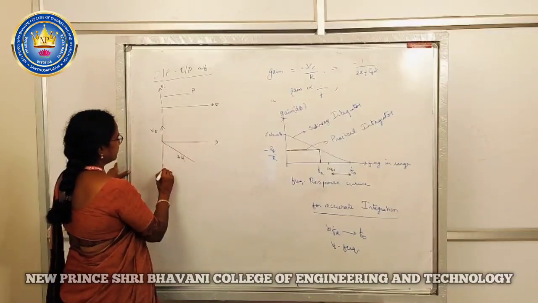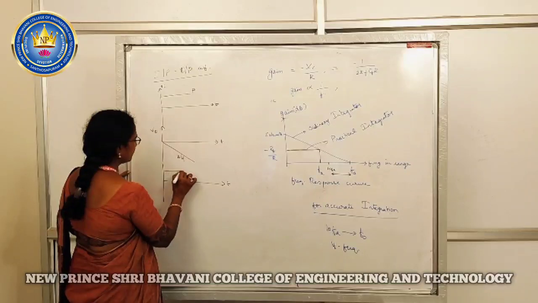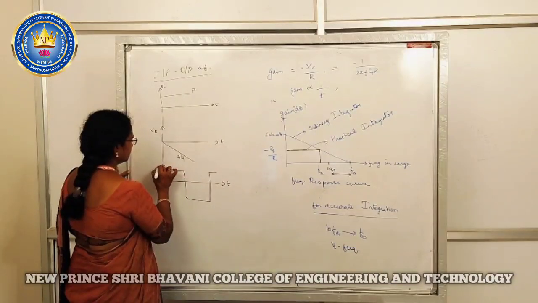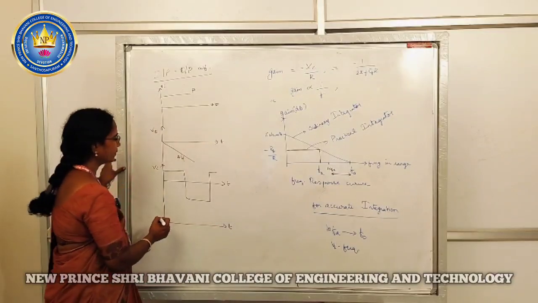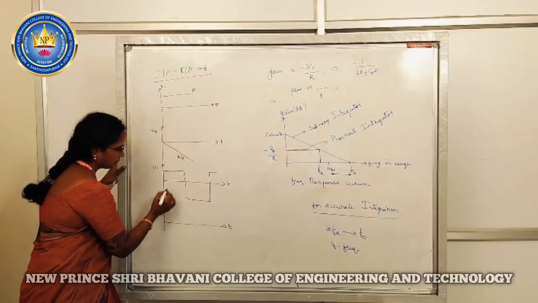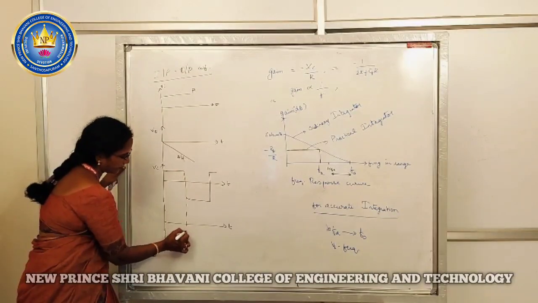If you give a square waveform as input, then for the constant amplitude of the square waveform, the output will have a decreasing ramp.